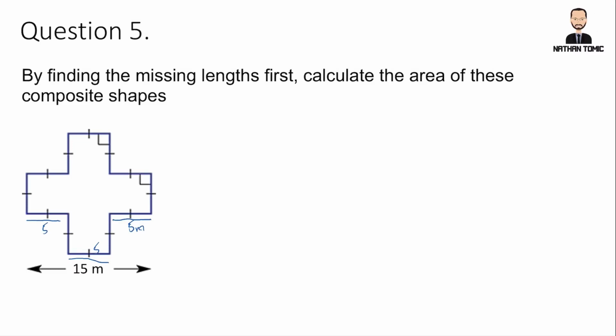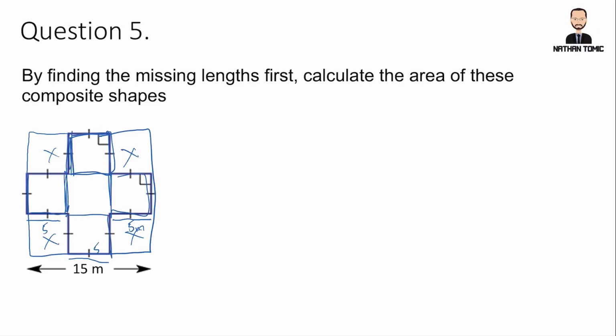The first way might be to look at this as being one big square. So we might actually continue this square all the way around. So one big square of 15 by 15, and then take away 4 little squares from it. That's one option. Another option might be to look at them instead as individual squares. So there'd be one square there, 2 squares, 3 squares here, 4 squares with this one here.